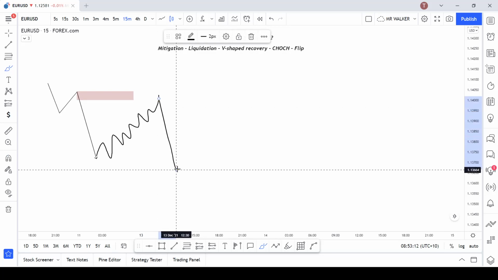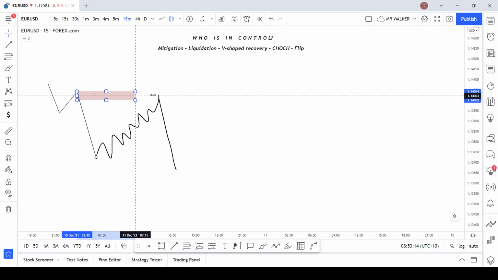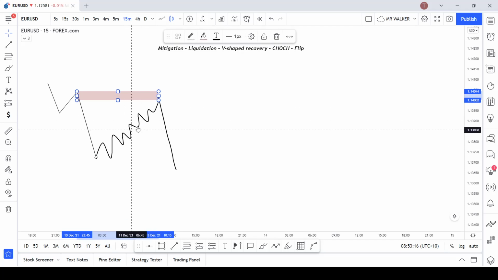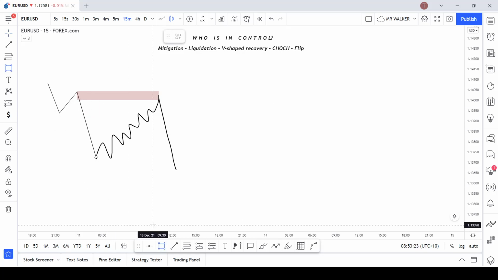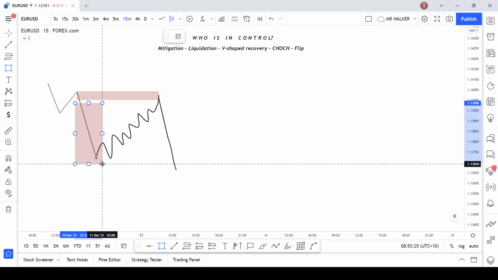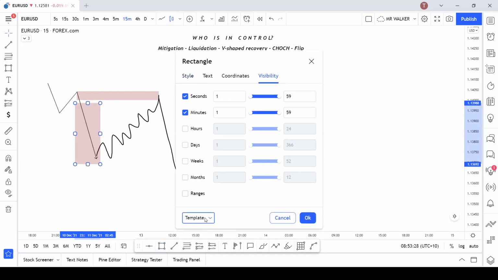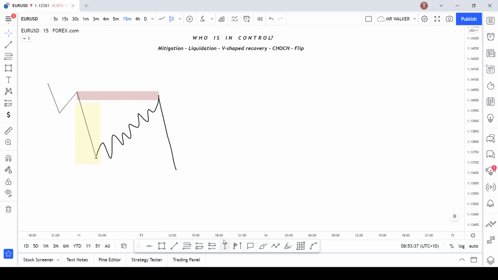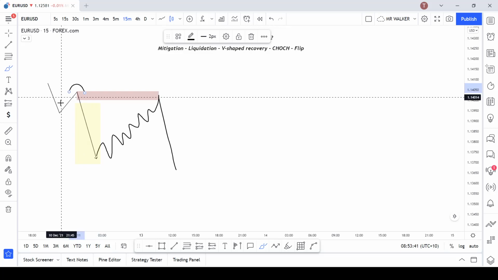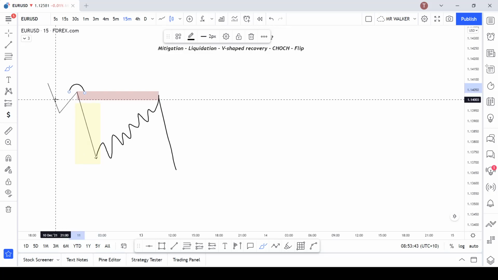The problem with such examples is that within this leg, which I will make yellow for now, this high, at least in this example, didn't really sweep liquidity in here.